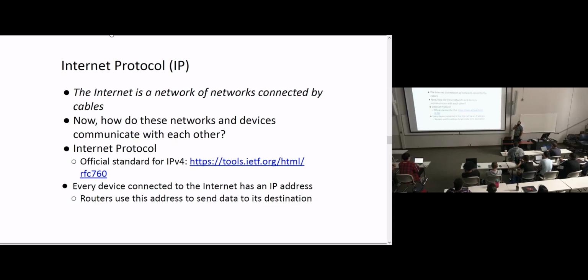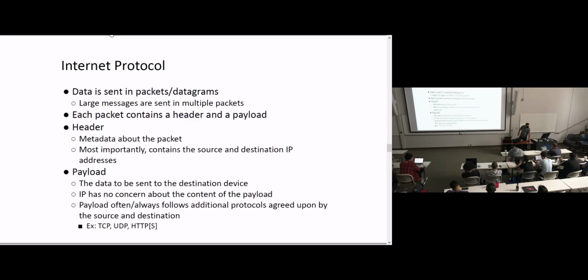Instead, we're going to send it to a specific device, which we specify through its IP address, its Internet Protocol address, which is where that machine lives on the Internet. So all of our devices connected to the Internet right now have IP addresses, and that IP address is where your device is on the Internet. And that's how we get the information to where we want it to go and not where we don't want it to go.